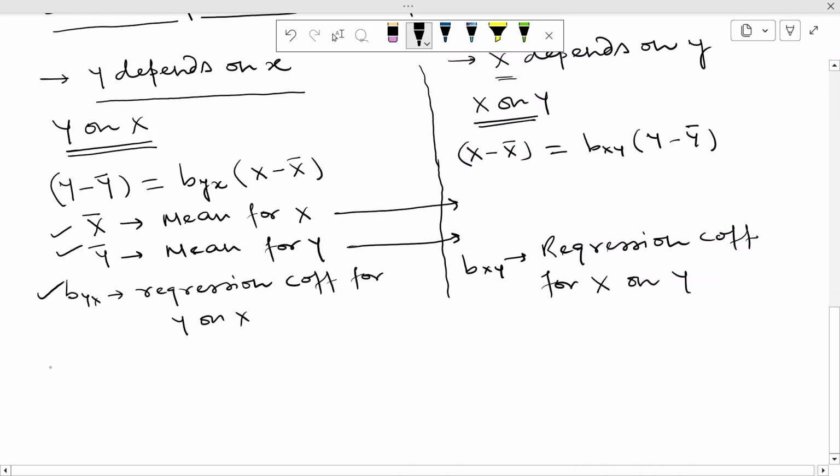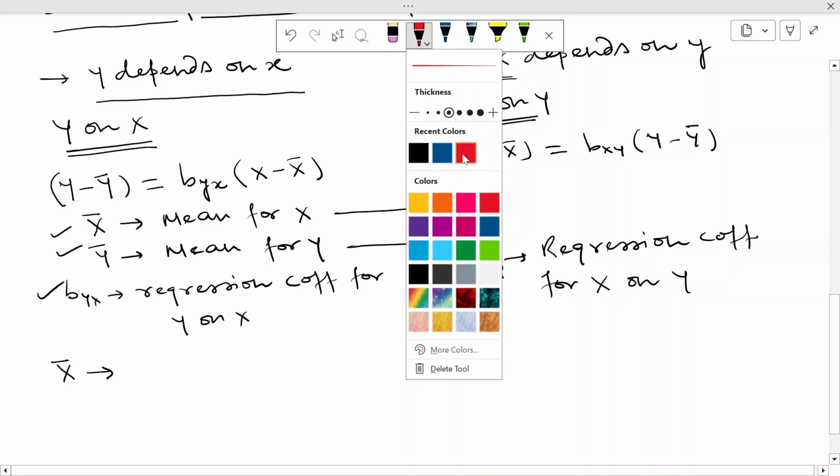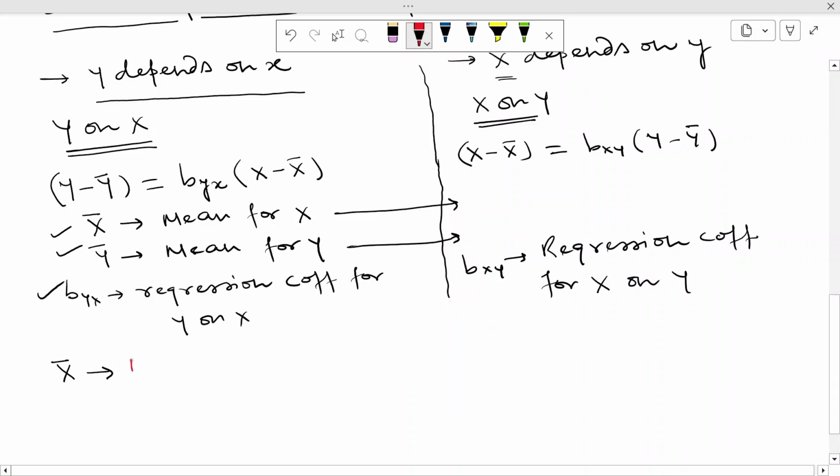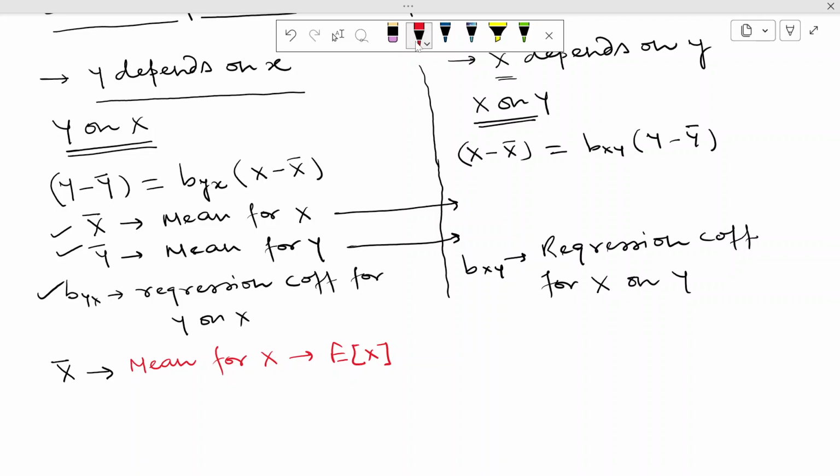And we know that x bar, which is the mean for x, can be obtained by simply finding the expectation of x.